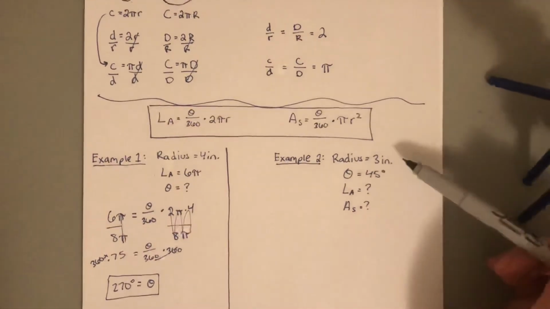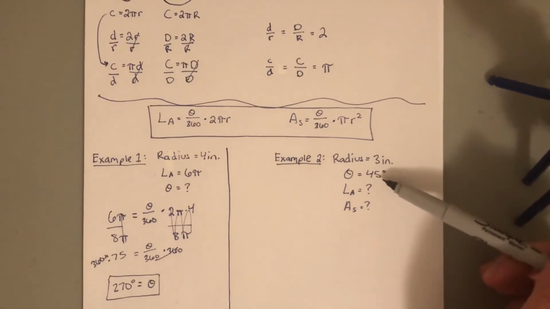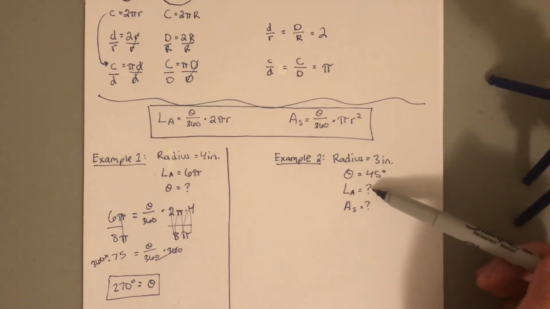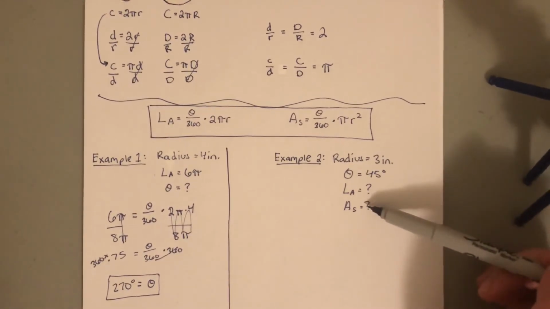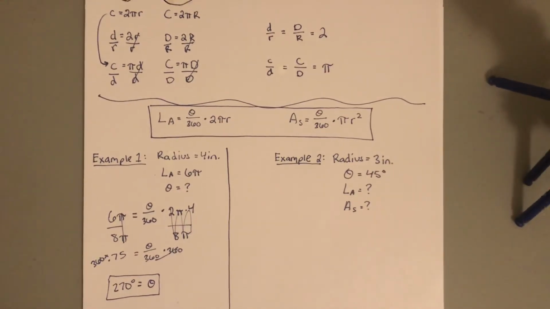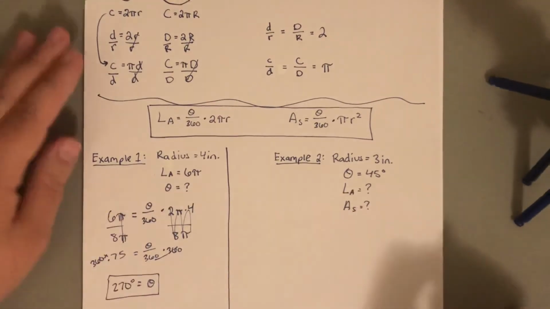Over here, we have the radius, we have the central angle. We're looking for the length of the arc that we would have given these two pieces of information, and the area of the sector that we would have with these two measurements here. So let's do the length of the arc first, since that is just written first here.